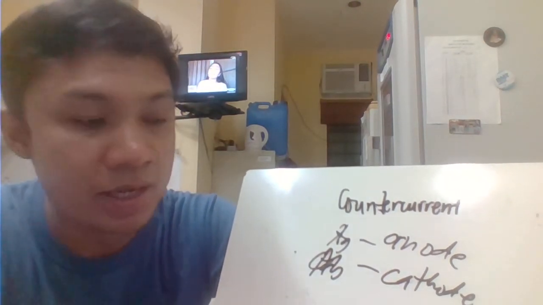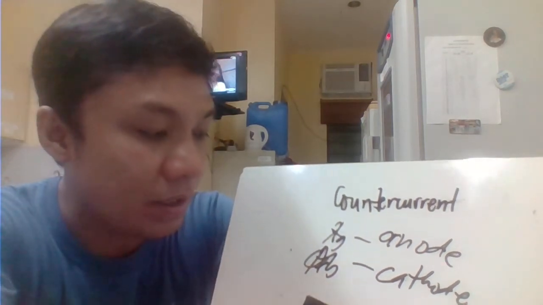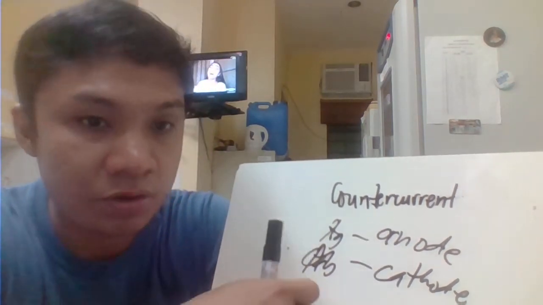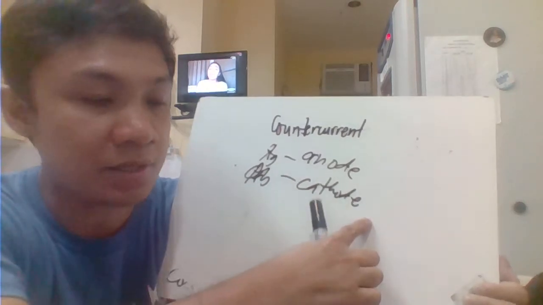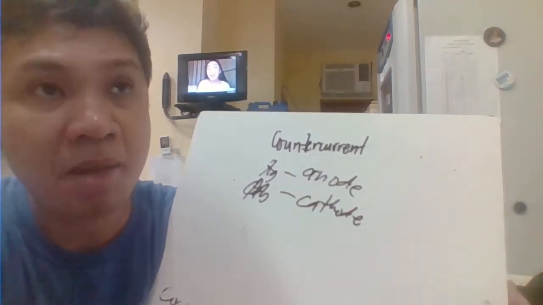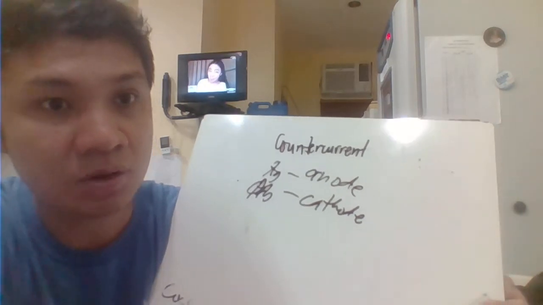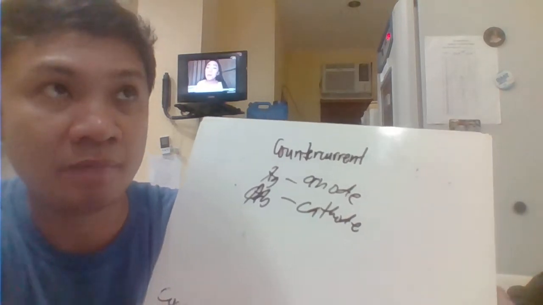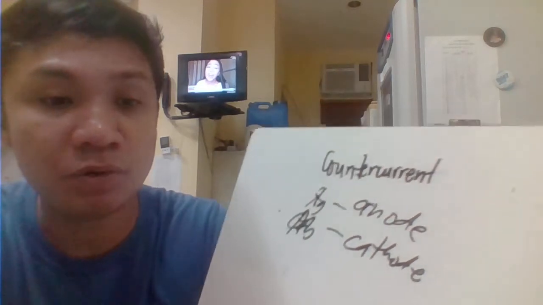So your antigen tries to move in one direction, antibody moves in another direction, so that's counter-current. And this is two-dimensional, and this is also a linear type of your immunodiffusion.